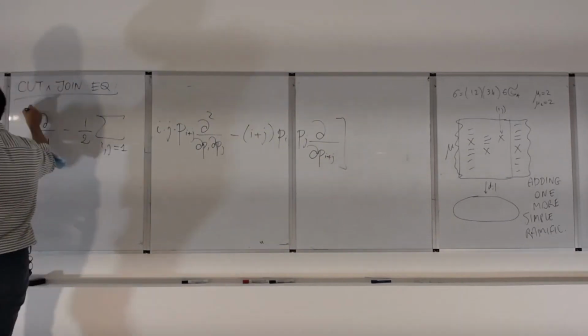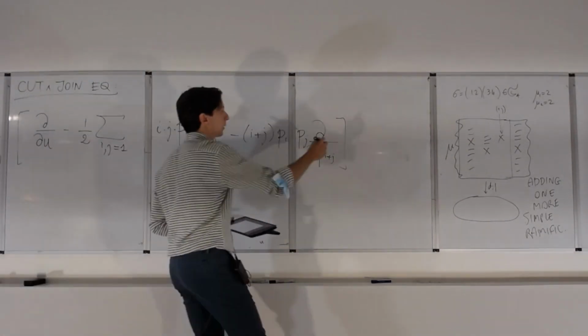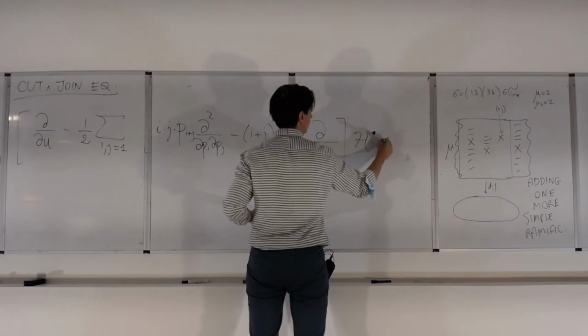Now you do the following. Apply to h bullet. This is 0.